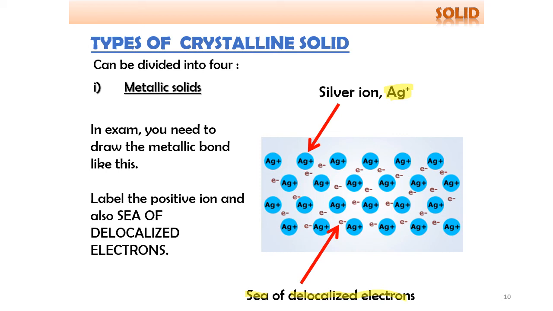So you must show your drawing of the sea of delocalized electrons, where you have your ion, in this case Ag+, and it will have electrons around the silver ion or any metallic ion. And make sure if you were asked to draw, you label the positive ion and label the electrons.